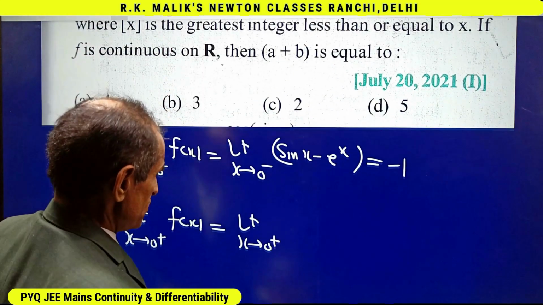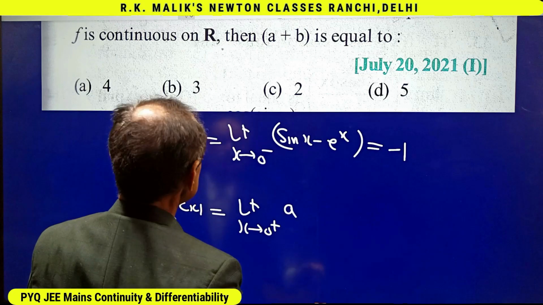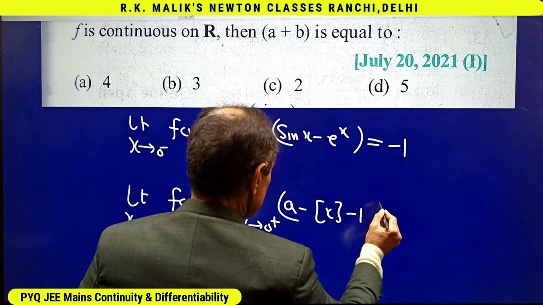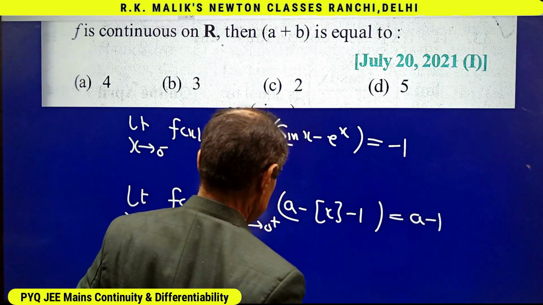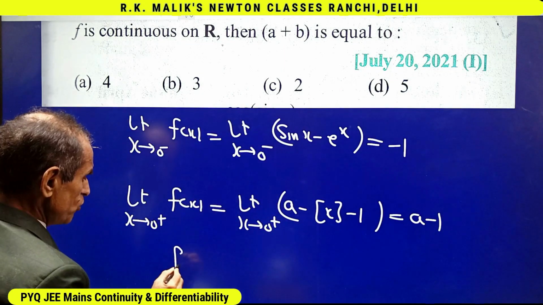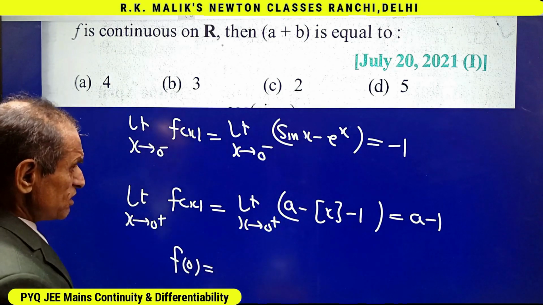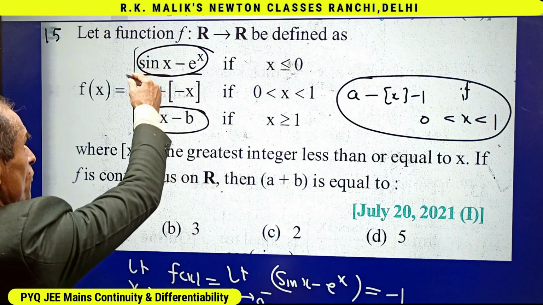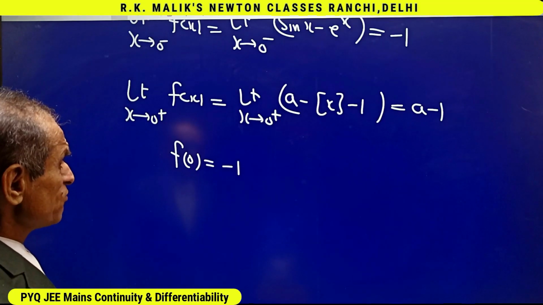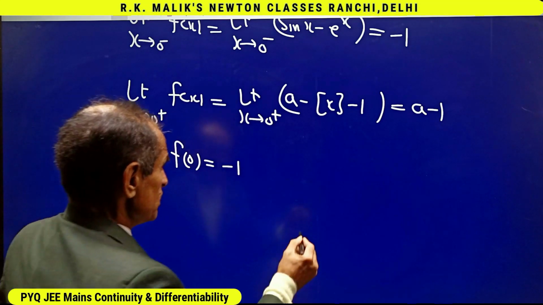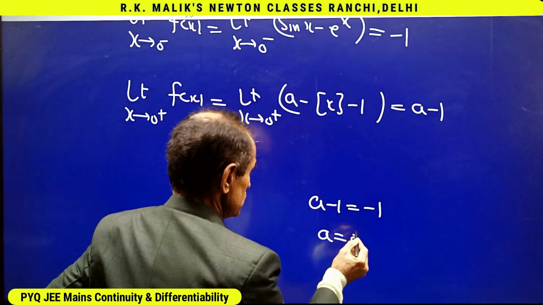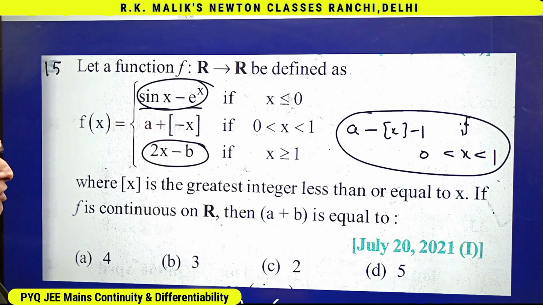Using this, we get a minus box x minus 1, that is, I get a minus 1. And the value of function f(0) is also clearly minus 1. From here it is clear. Therefore, the function will become continuous at 0 if a minus 1 is equal to minus 1, that is a equal to 0.